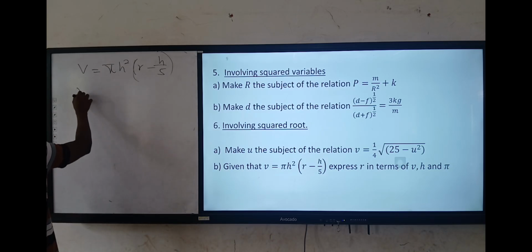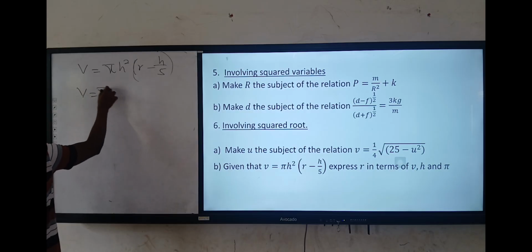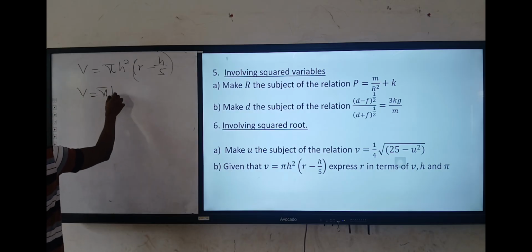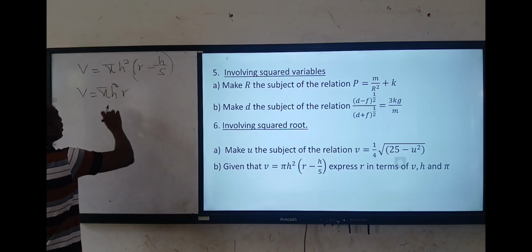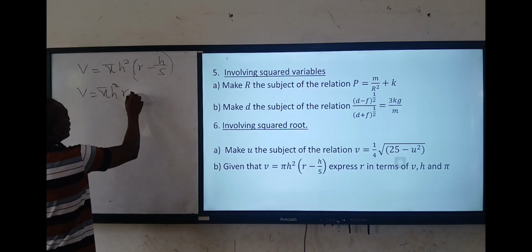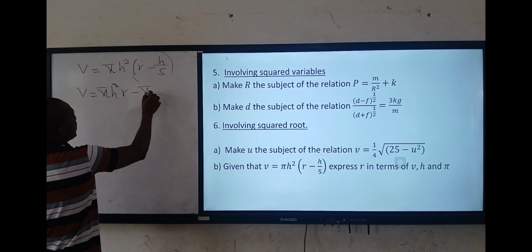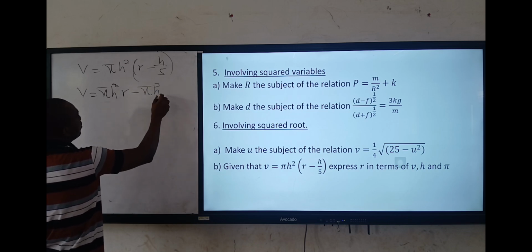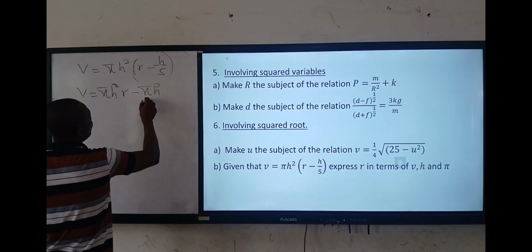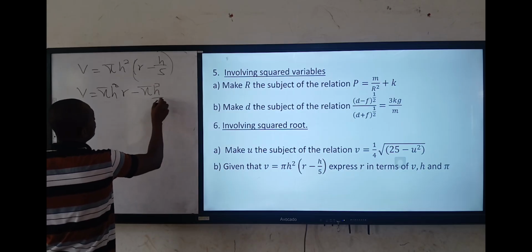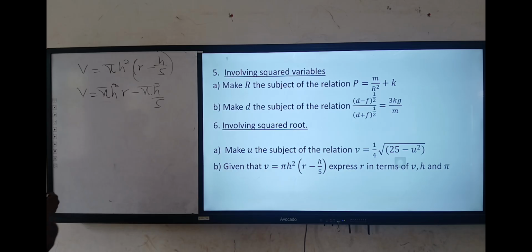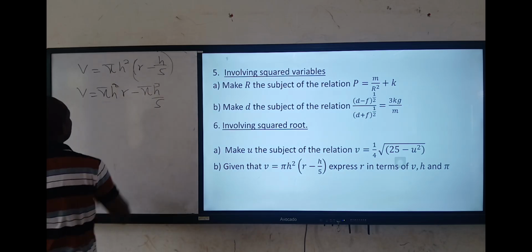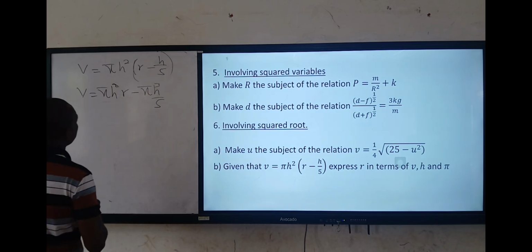So we are going to get V to be equal to pi h squared r, because when we multiply this by this, we get that. Then multiply this and that. So you are going to get minus pi h raised to the power 3 over 5.